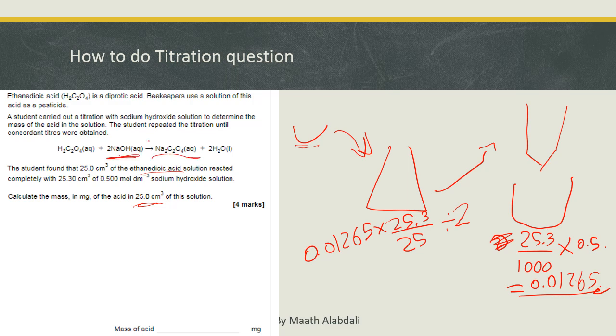So imagine you're doing the titration and look at the question for the equations and stuff like that, and that should give us a total of 0.006325 mole.